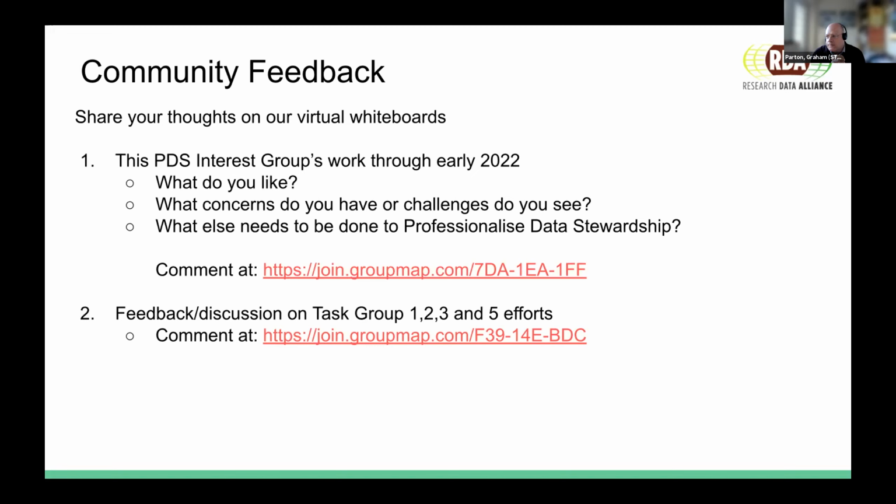And hopefully by bringing those two axes together, we can see where people fit. I think we can then start to see those clusters and answer questions around domain-specific stewardship versus general stewardship, and see where there are commonalities and where there are going to be differences as well. And to some extent how that then feeds through to things like the training requirements, I think that's going to be interesting to see.